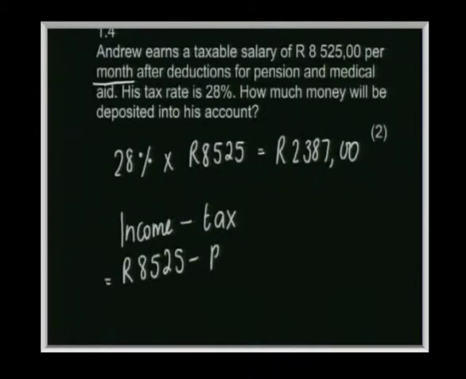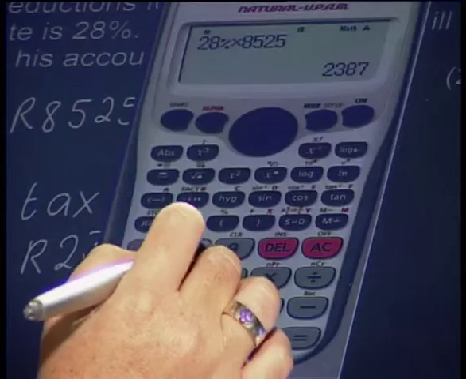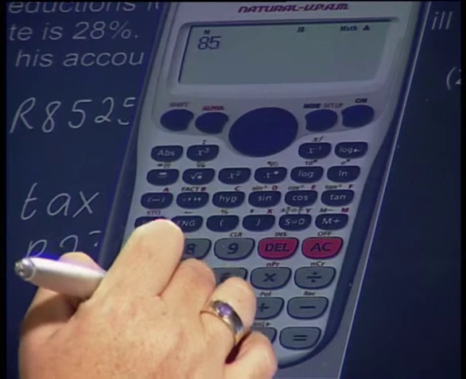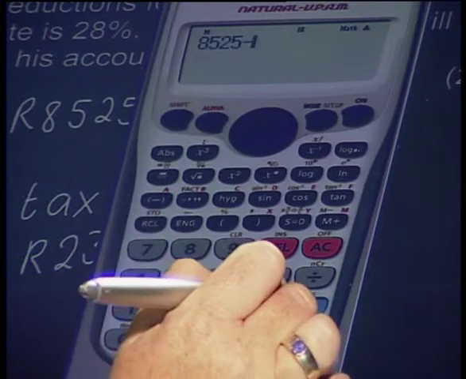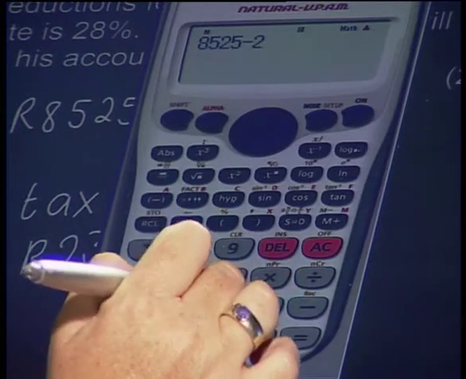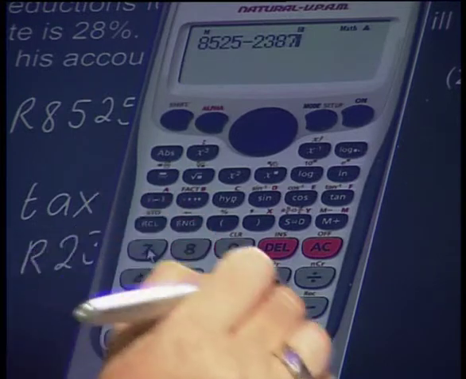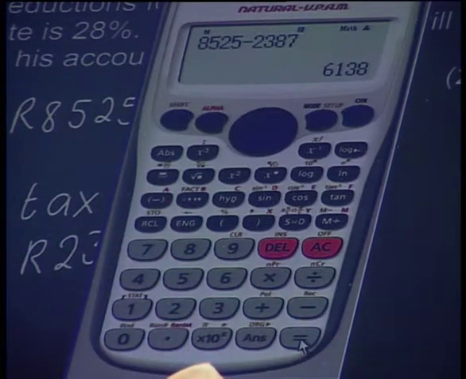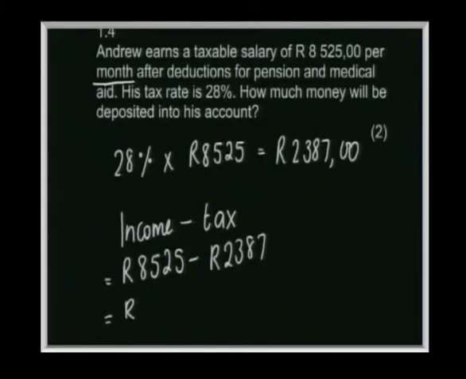Take off the 2,387. Getting out our calculators again. We say 8,525 minus 2,387, and our answer is 6,138. So that will be in his bank.